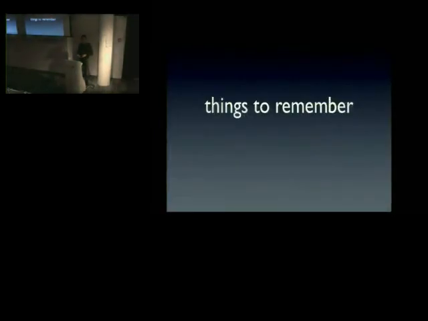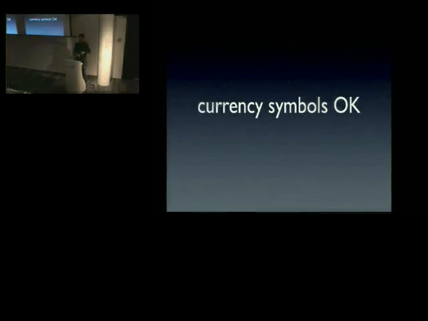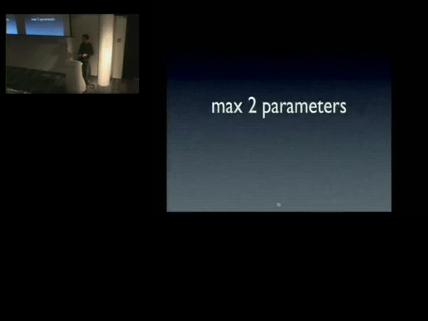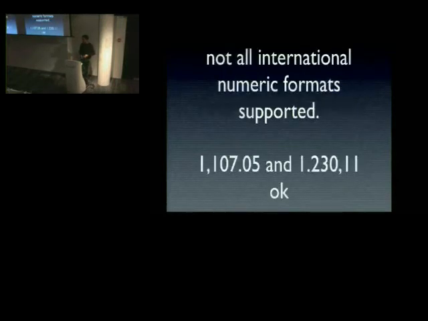Some key things to remember about ad params: they're numeric only. Currency symbols are okay, so you can use currency symbols to provide price information, but other than that, you need to have numbers. You can have a maximum of 2 parameters. We don't yet support all international numeric formats, but we support some of the common ones.